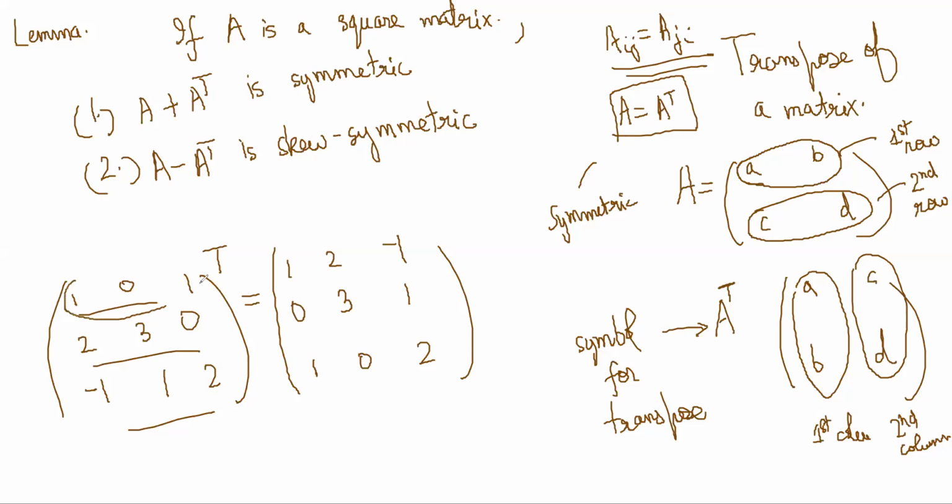When you convert rows to columns, you have made this 1 cross 2 element into a 2 cross 1 element, right? So transpose operation is same as reversing Aij and Aji. But if Aij is equal to Aji, that means you are saying that that is a symmetric matrix. So that means A is equal to A transpose is the condition for symmetric.